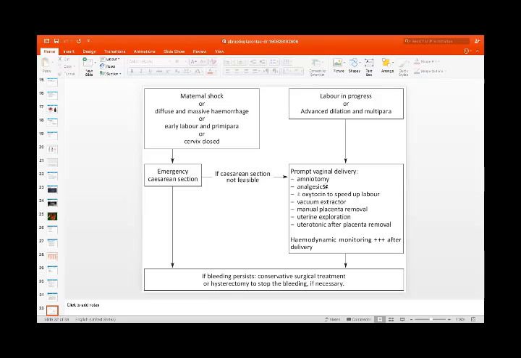If during emergency section there is uterine atony and bleeding, then you will manage with conservative surgical treatment, with uterotonics and uterine packing. If it is not effective, then we will do hysterectomy to stop the bleeding.